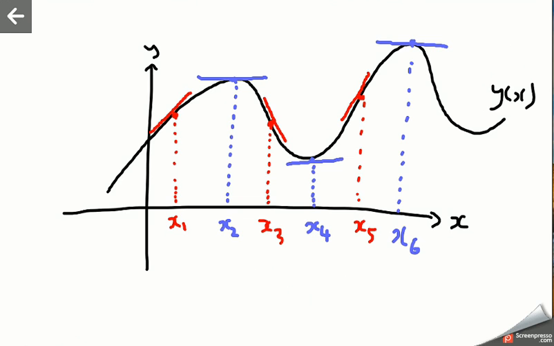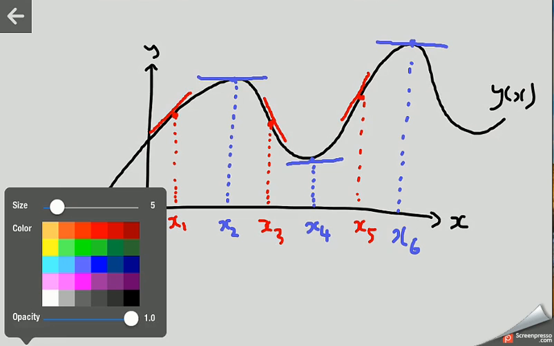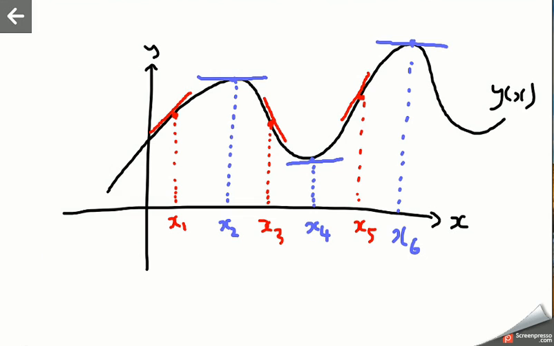Let's draw a few more tangent lines for dramatic effect. Those green ones are also tangent lines. I know they're drawn pretty badly, but you get the idea.